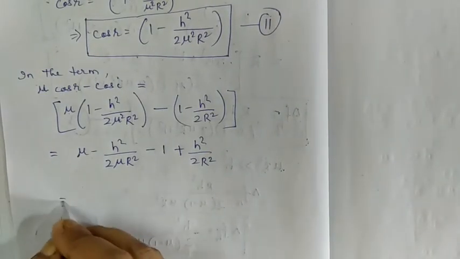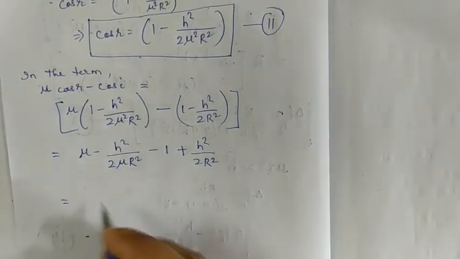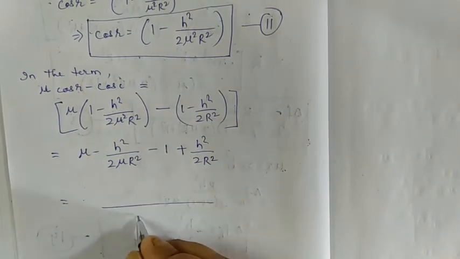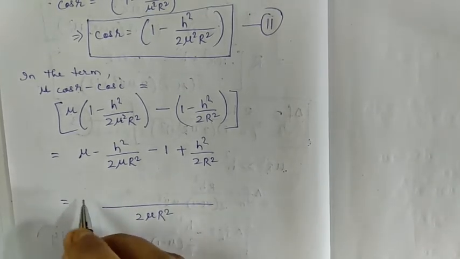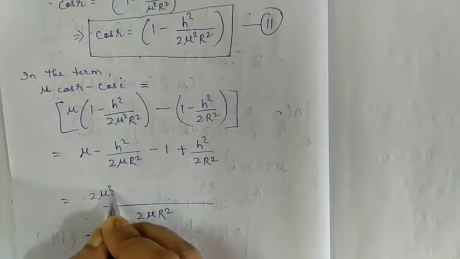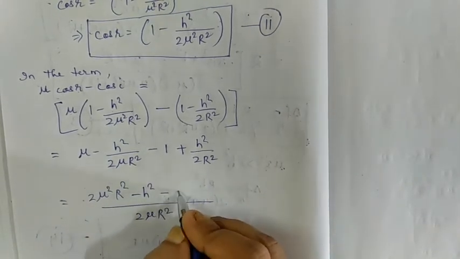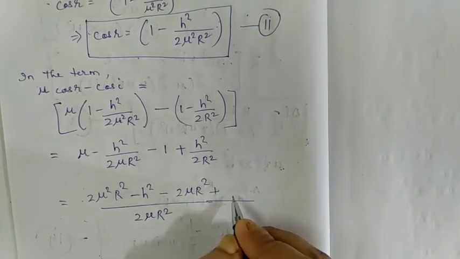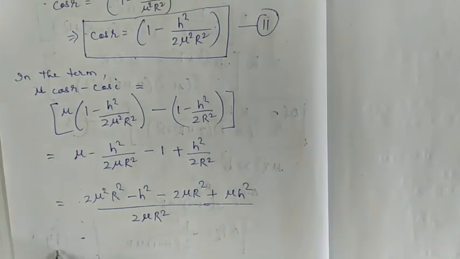And if you are going to take the LCM, for the LCM you can take 2 mu r square. So here you will write 2 mu square r square minus h square minus 2 mu r square, then plus mu h square.